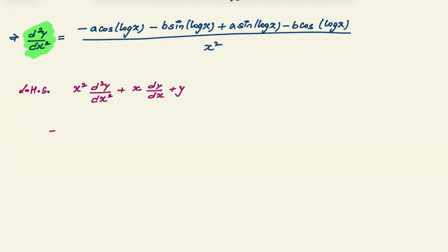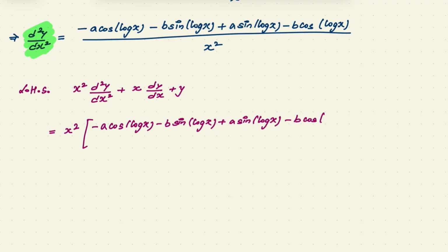So here we will try to put the values here, and we must get 0. So here this x square is at first, and the value of d2y over dx2 is just above here, that is minus a cos of log of x minus b sine of log of x plus a sine log of x minus b cos of log of x, whole divided by x square.